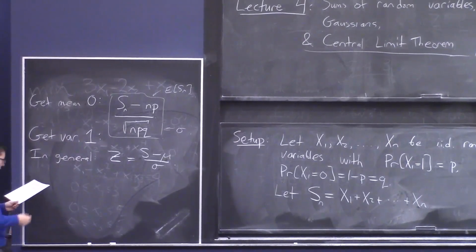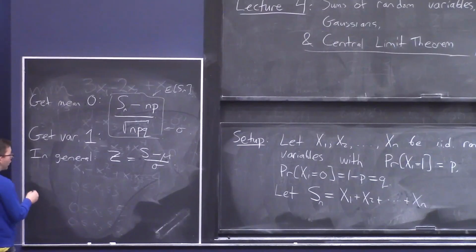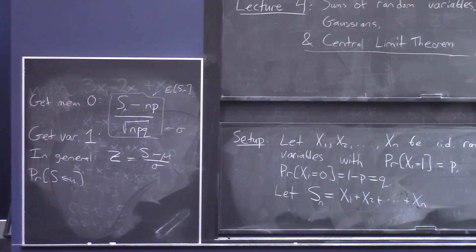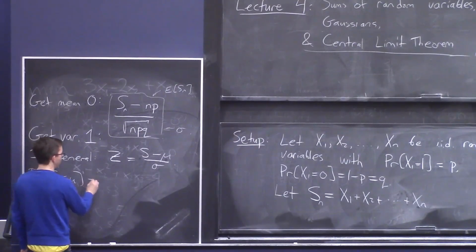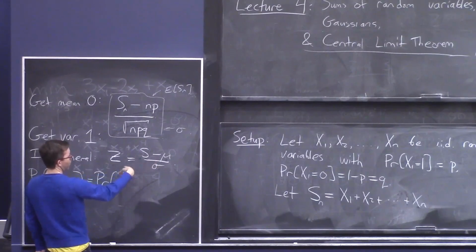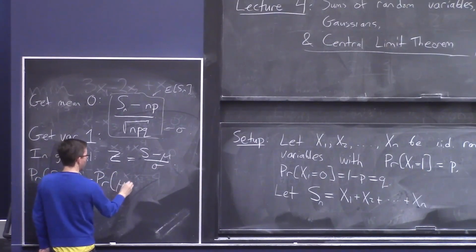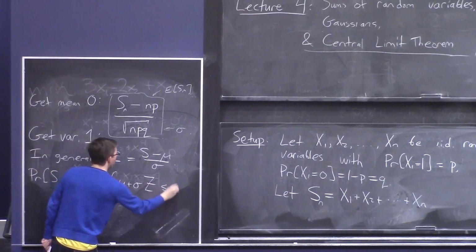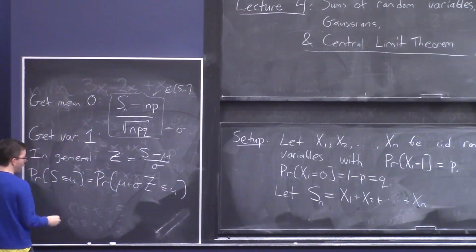Just because, I mean, you can understand everything there is to know about S by understanding the probability that S is at most U for every value U. That sort of completely defines the random variable S. But S is just a simple linear transformation of Z. This is the same as the probability that S is mu plus sigma Z, at most U. And then we can invert this.